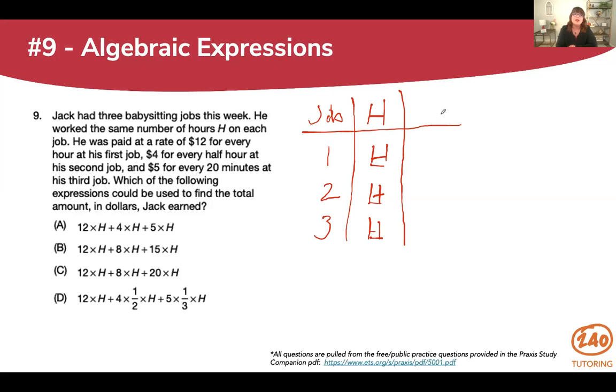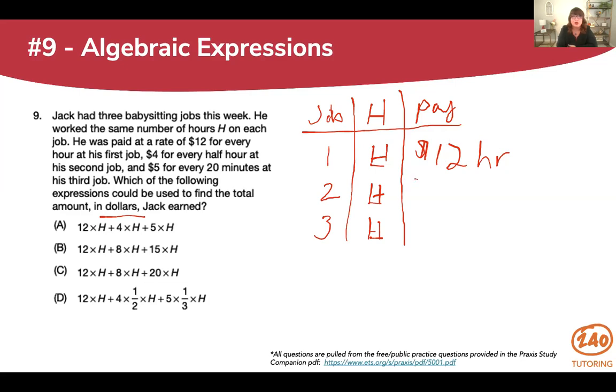Okay? Now, what we need to do is look at his pay. And we're going to convert these. The first one says $12 per hour. So per hour, because it's asking us how many dollars did he earn, all right? And we need to know per hour. So we're going to convert all the rest of these to hours.